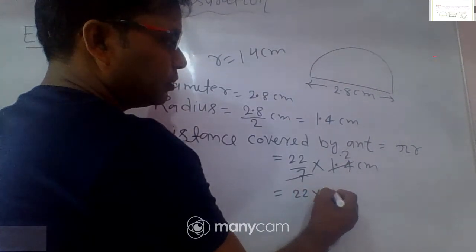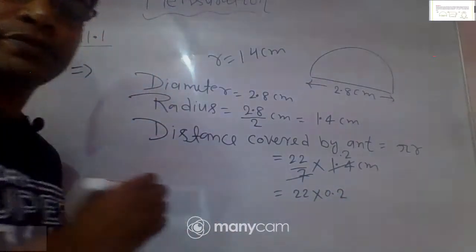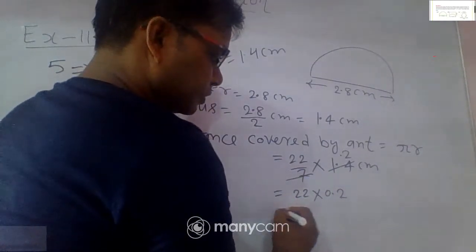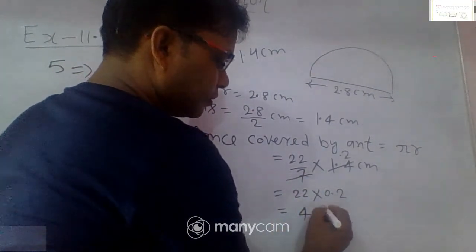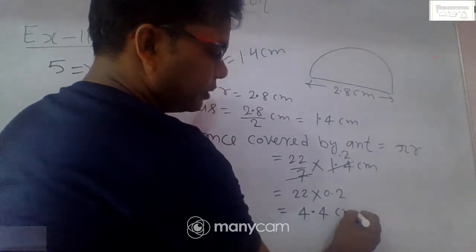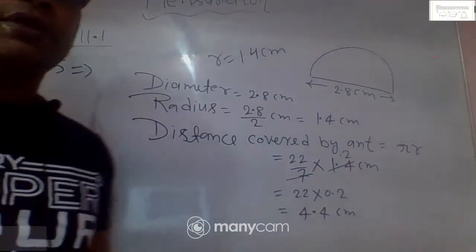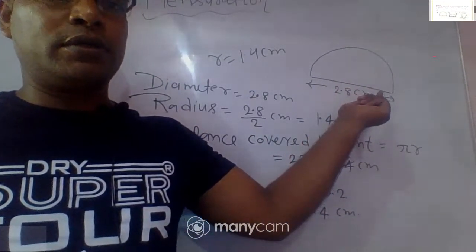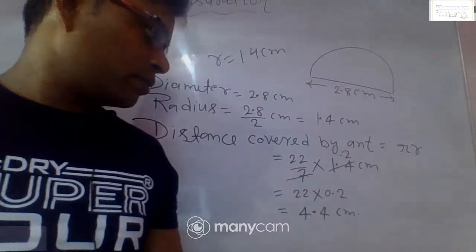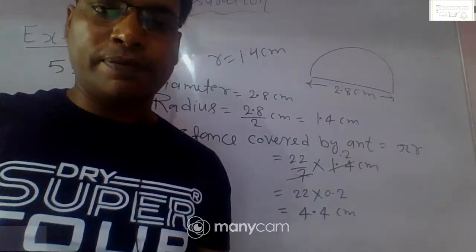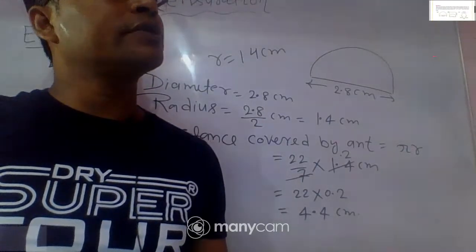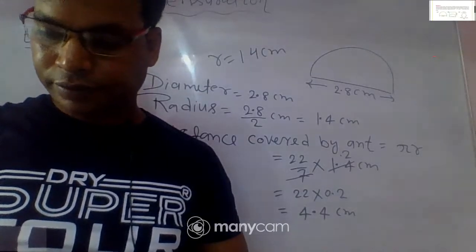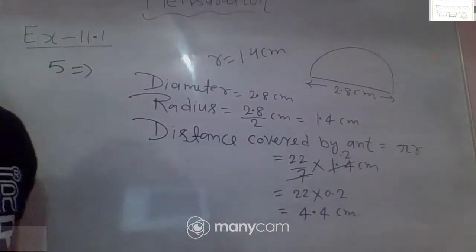Then you can cancel, and it becomes 4.4 centimeters. So the distance covered by the ant on this figure is 4.4 centimeters. Let's see the next question.